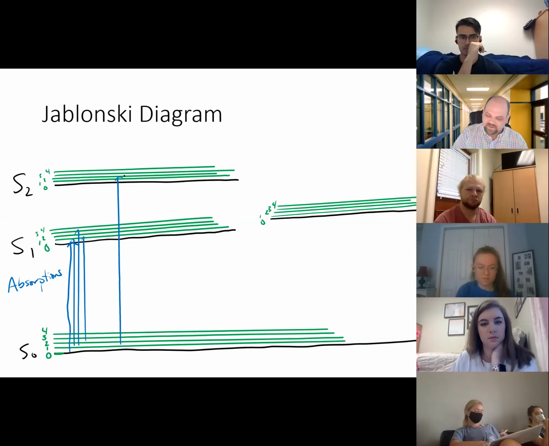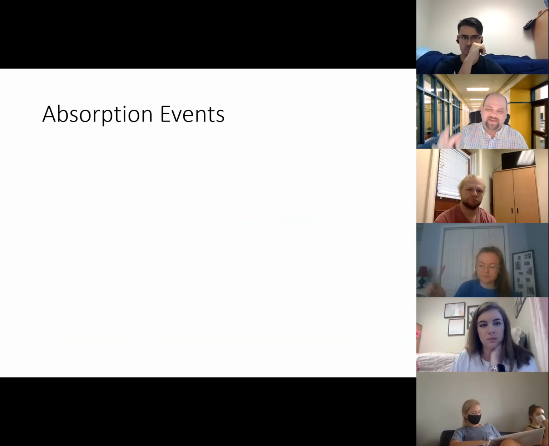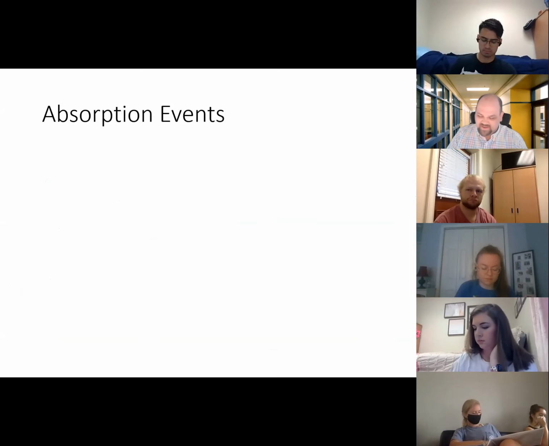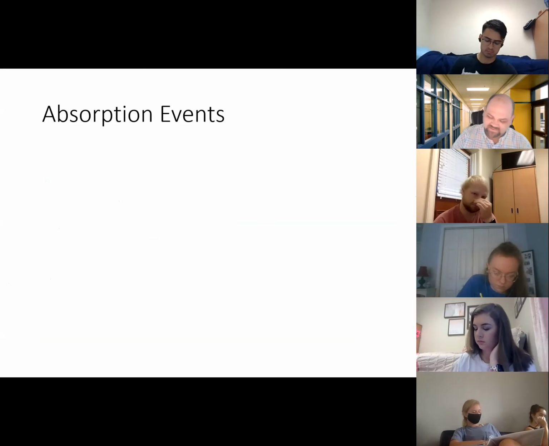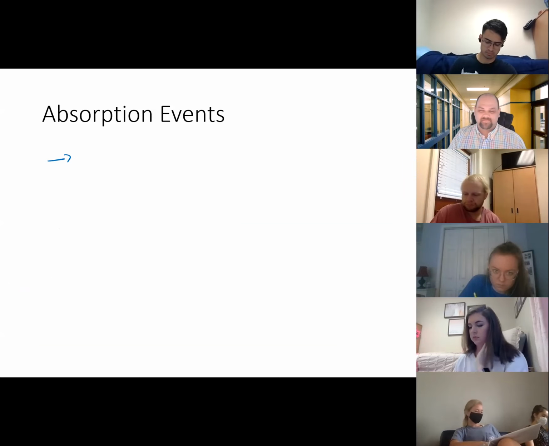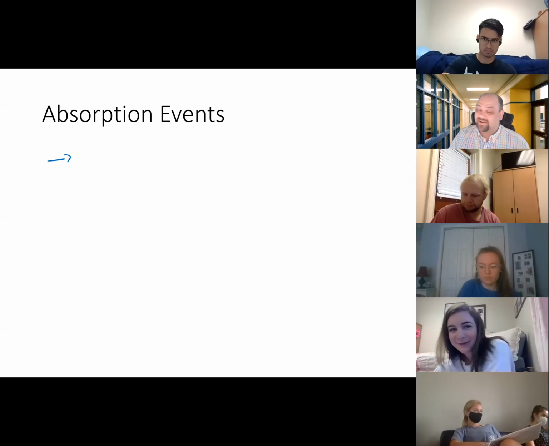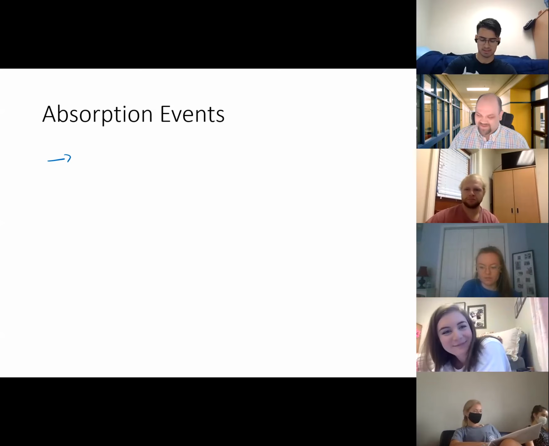I'll go back to the Jablonski in a minute, but when we talk about absorption events, what are we absorbing really? Energy. Do you absorb a photon? It could be a photon. It could be anything. It could be heat.